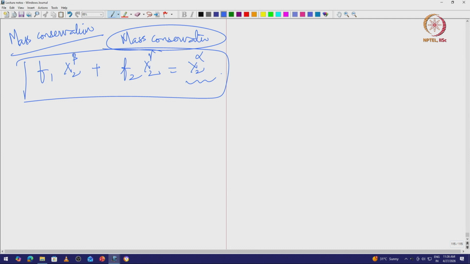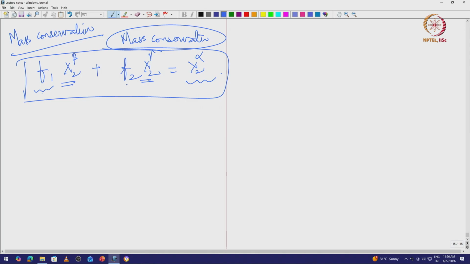The 2 molecules have gone away from beta and they have gone into gamma, right. So, gamma has become too rich, beta has become too poor, right. Now, how will it segregate? It will segregate based on the fractions, right. So, if I have f1 times x2 beta, f2 times x2 of gamma, that should be equal to the initial x2 of alpha.